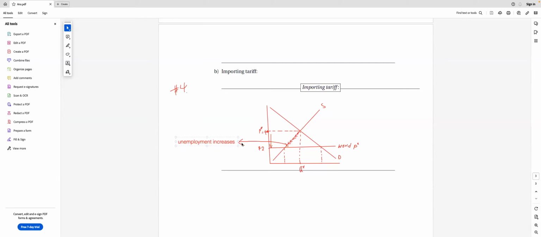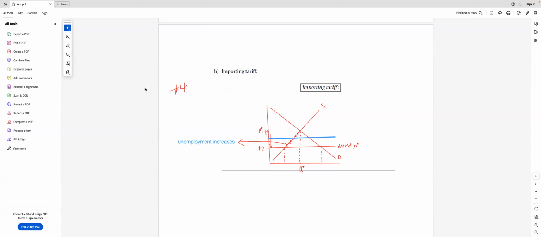So how can the US government deal with this problem? Under the Trump administration, they added a high tariff on goods and services made by China. I should change to another color, maybe blue. So what is the effect of a tariff?